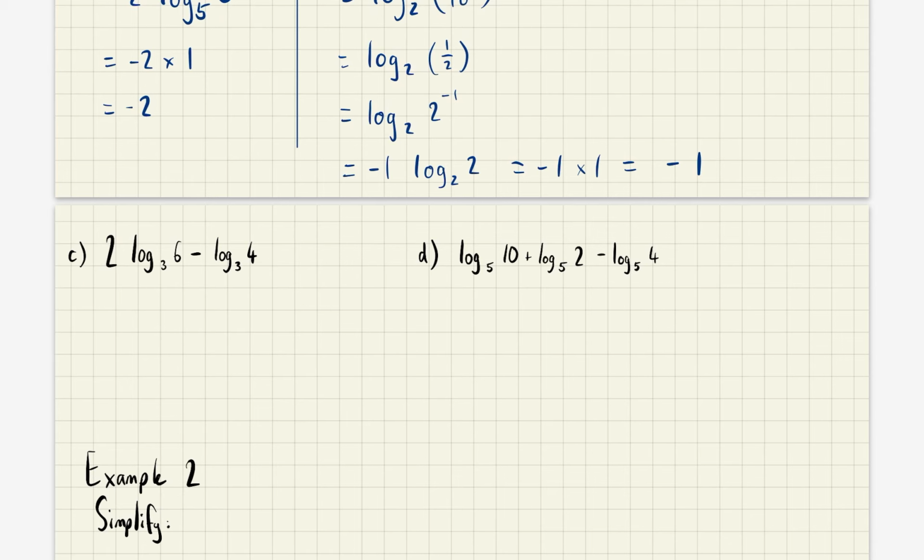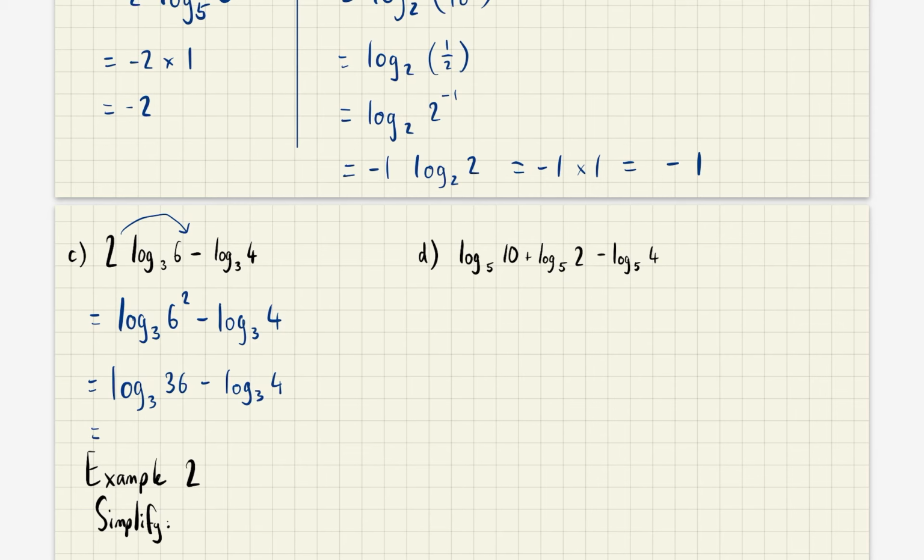So instead, I can actually get rid of that by bringing it up here. So I can rewrite that as log base 3, 6 squared minus log base 3, 4. Which I can simplify the 6 squared. That's going to be 36 minus log base 3, 4.